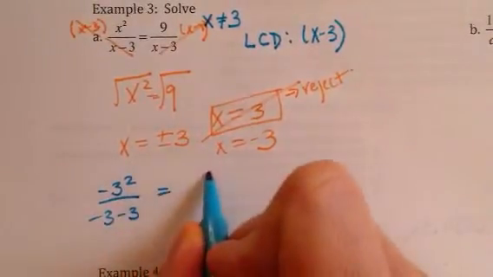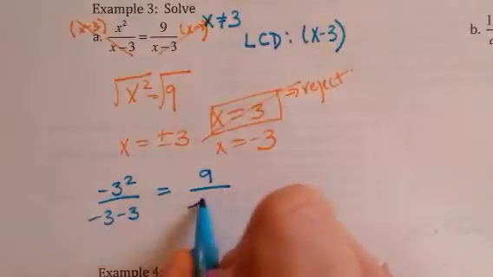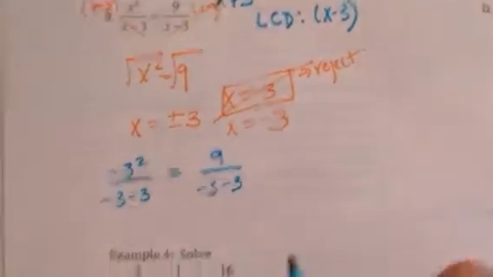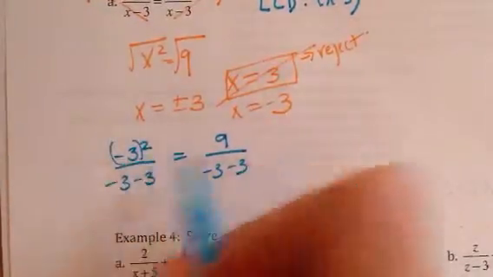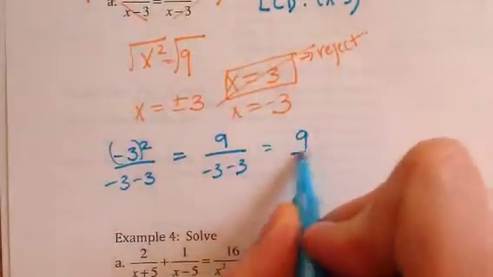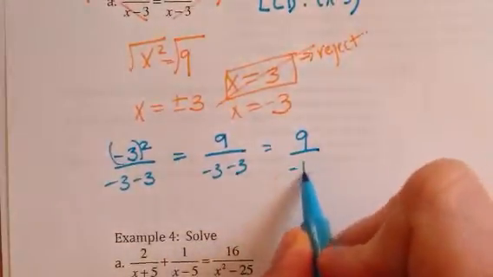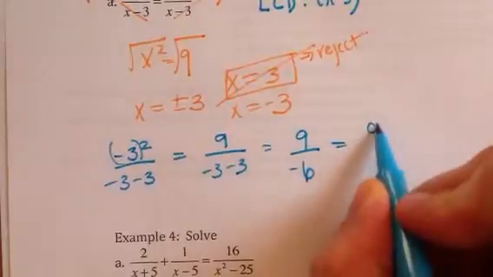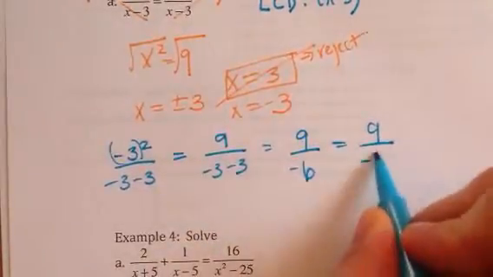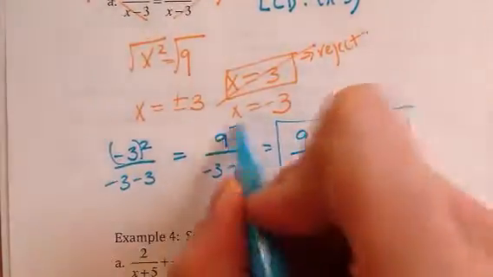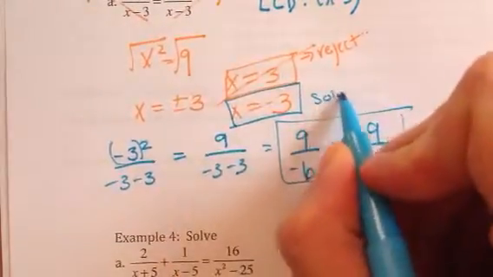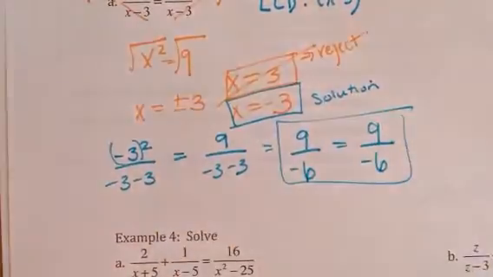Does this really equal 9 over negative 3 minus 3? So negative 3 squared would be 9. Negative 3 minus 3 would be negative 6. So therefore our solution is the negative 3.